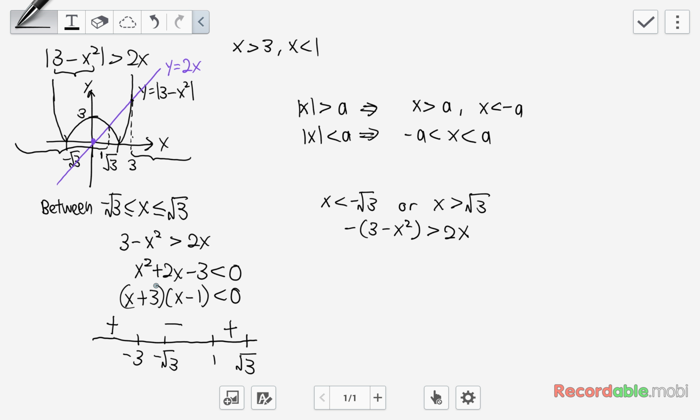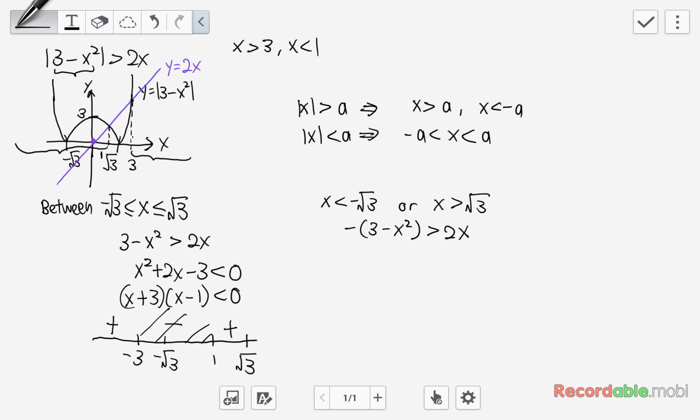When you try 0, this will be positive, this will be negative, and I get a negative. Because our inequality wants it to be smaller than 0, we choose the negative region. If it's greater than 0, then we choose the positive region, but now it's smaller than 0, so we want this negative region.